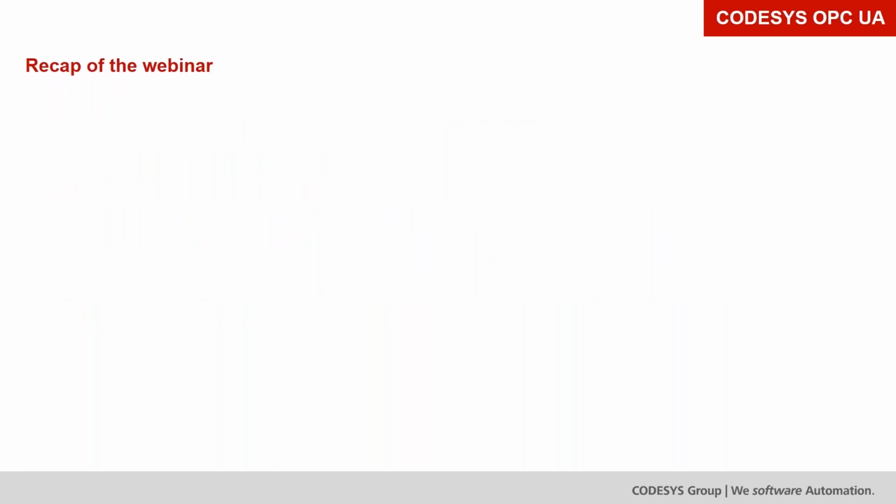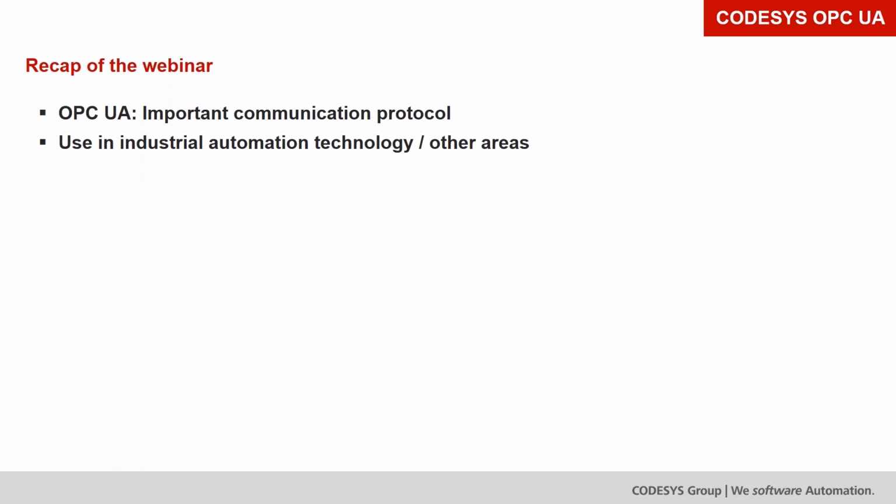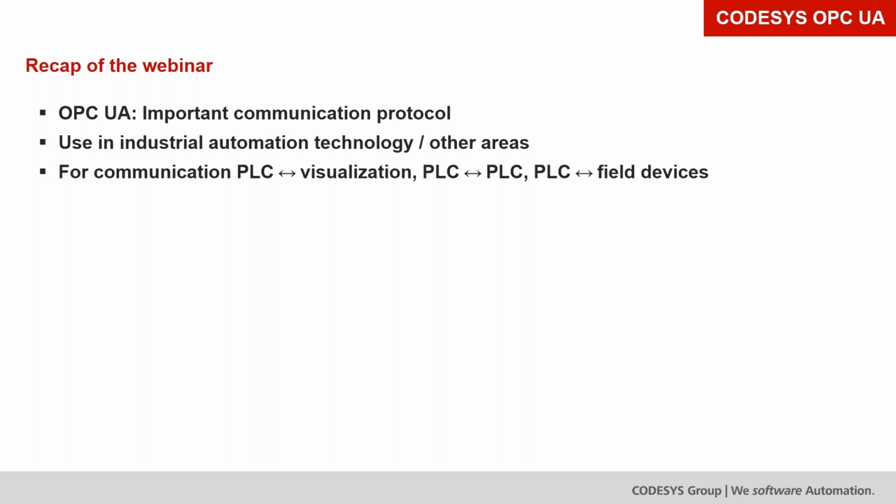So now I'm at the end of the webinar. However, I want to give you a short conclusion. OPC UA is an important communication protocol. It's used in wide areas of industrial automation, and there can easily be a communication between, let's say, factory automation and building automation, energy automation, because they're all using the same standard. It's not only for the communication between PLCs and visualization, but as well between PLCs and field devices.